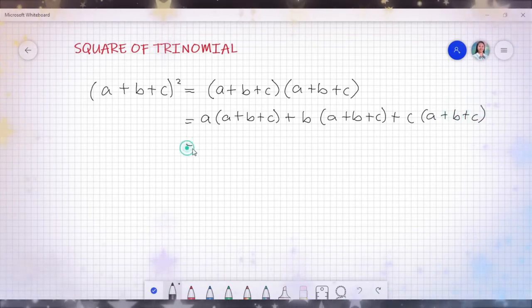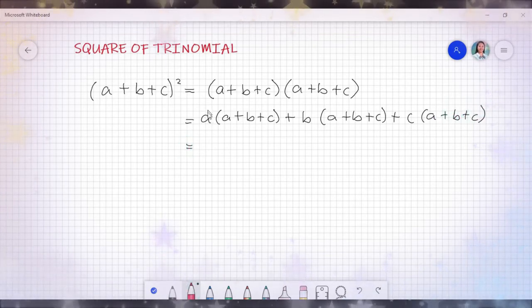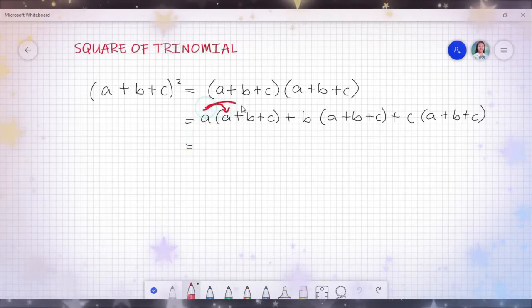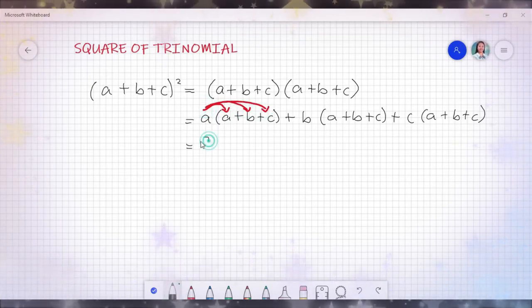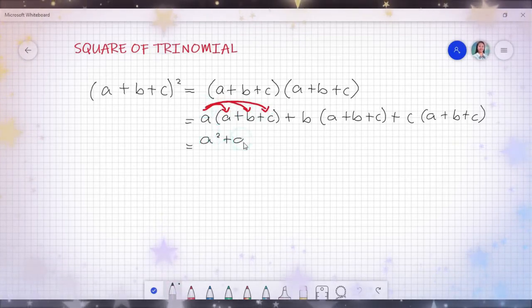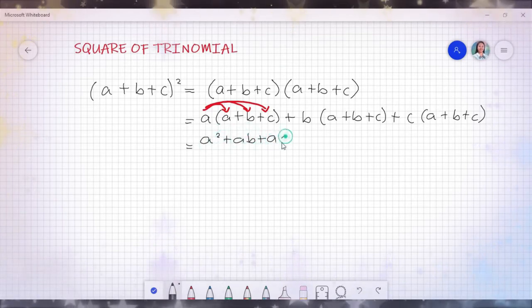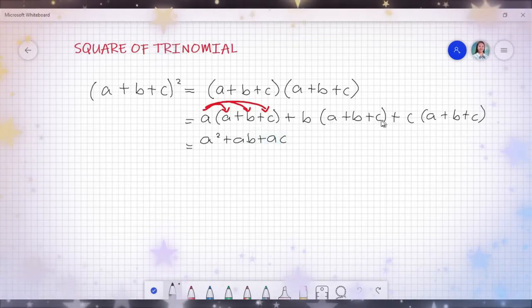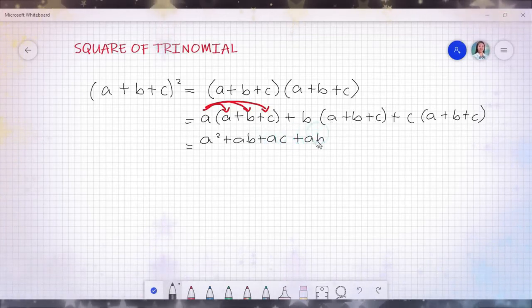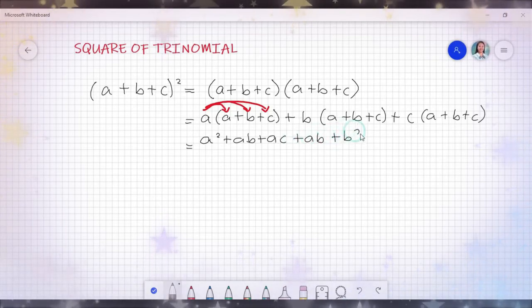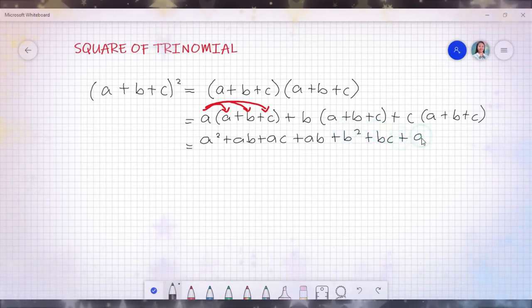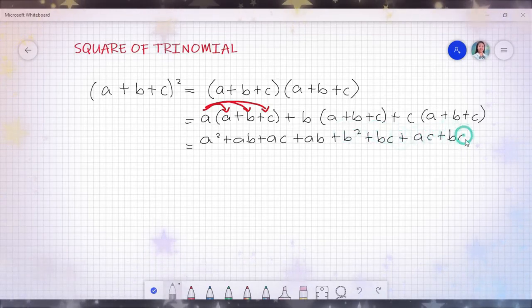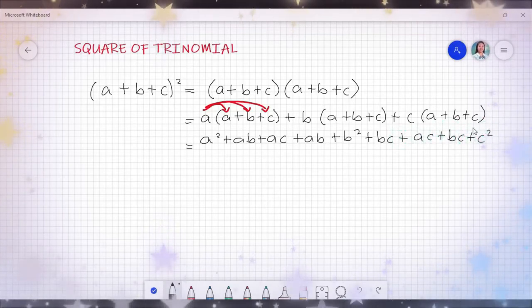Then distribute a. It will become a squared plus ab plus ac. In the same manner with b, distribute b to a plus b plus c. So it will become ab plus b squared plus bc, plus ac plus bc plus c squared.